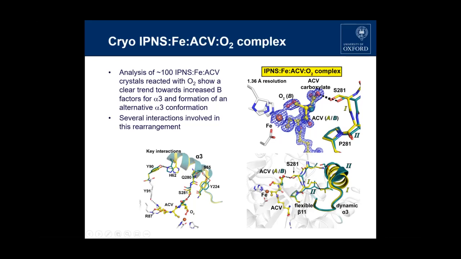We believe strongly, because this amino acid side chain goes up in the other data sets, the B factors go up, it's getting disordered, and it's ordered in the product, that after turnover this is getting more ordered again, and this might cause tyrosine 91, causing tyrosine 90 to push helix alpha-3 back to its ground state structure.